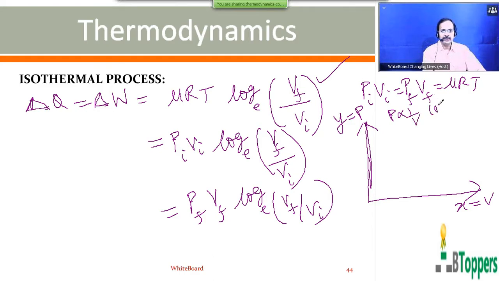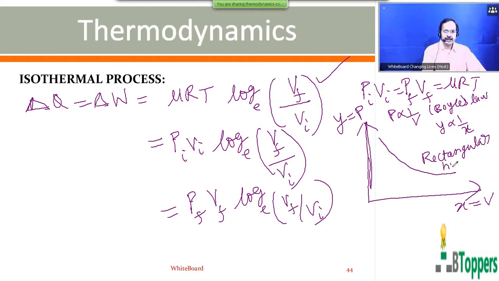That means Boyle's law is applicable for the ideal gas in the isothermal process, so Y is proportional to 1 by X. This relation represents a curve called a rectangular hyperbola.